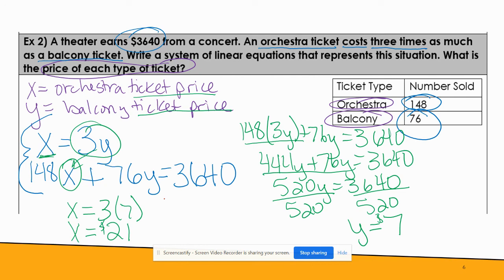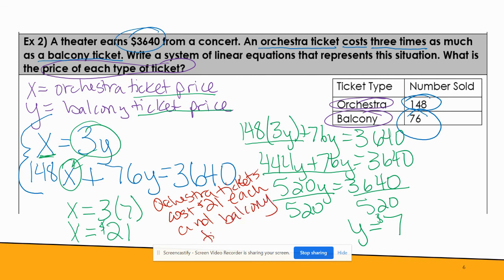We would say orchestra tickets cost $21 each, and balcony tickets cost $7 each.